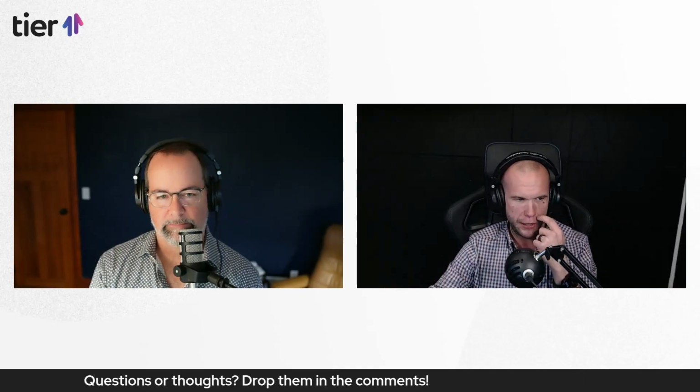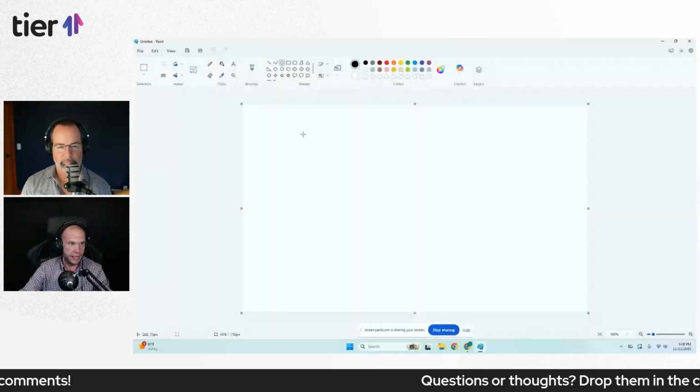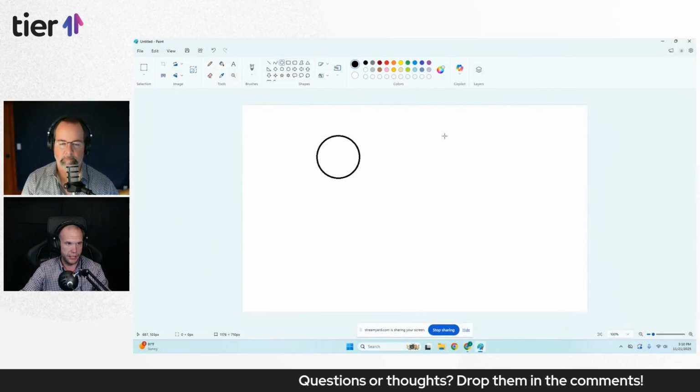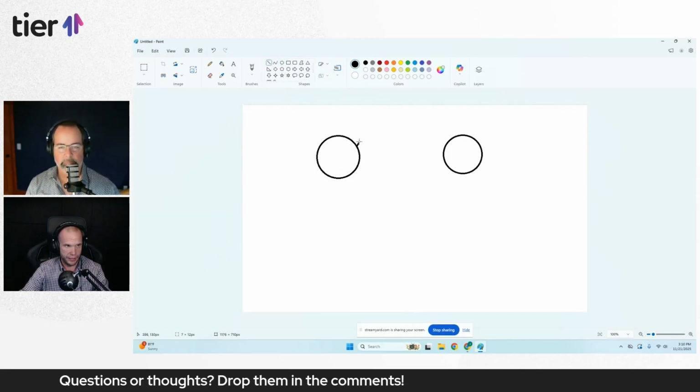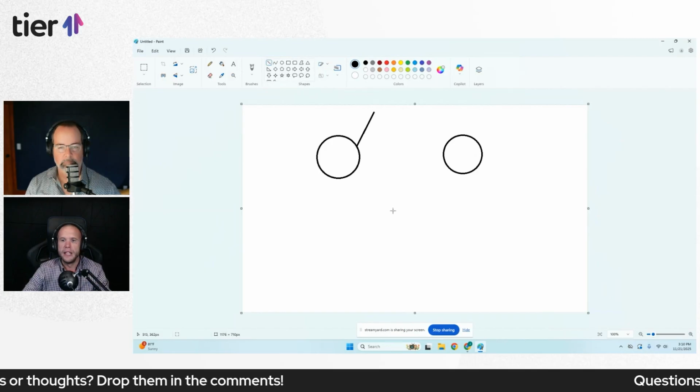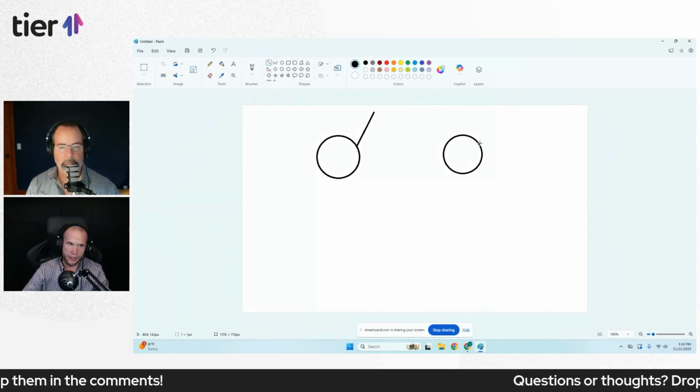Meta changes the attribution to last click. The reason why we send in first click and then it changes it to last click is simply due to this here. Meta thinks that there's one person here and one person here, and it believes that person A went to the site and added something to cart. Then they hop over to their iPad and go back to their cart and buy.